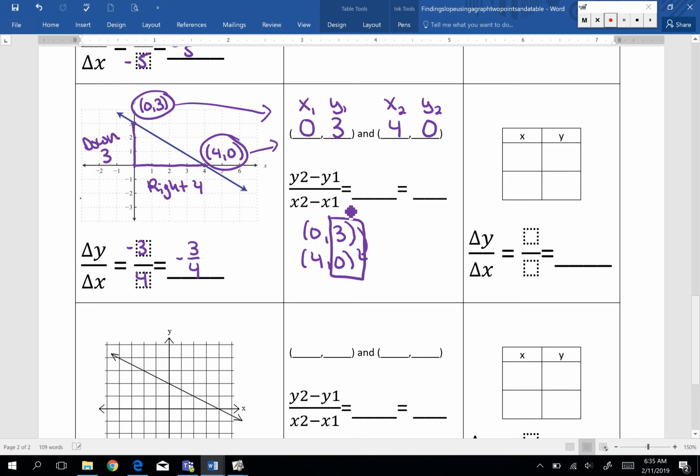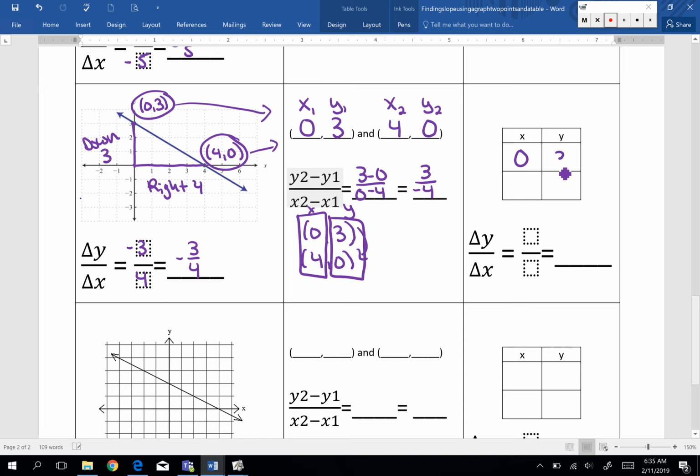So these are our y's, and these are our x's. So we have 3 minus 0, and 0 minus 4. 3 minus 0 is 3, 0 minus 4 is negative 4. Please, please, please double check any computation with your calculator. Sometimes if we just get in a hurry, we end up getting the signs wrong, so just double check.